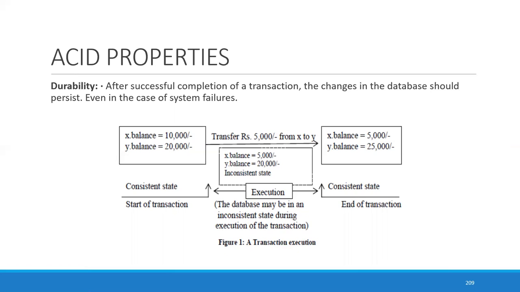So try to understand. After successful completion of a transaction, the changes in the database should persist. Changes in the database must be saved into the data disk, even in the case of system failures.